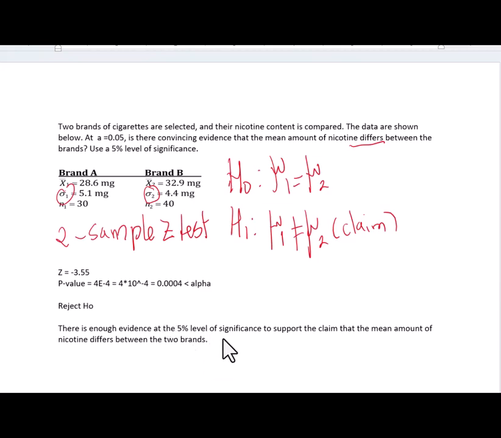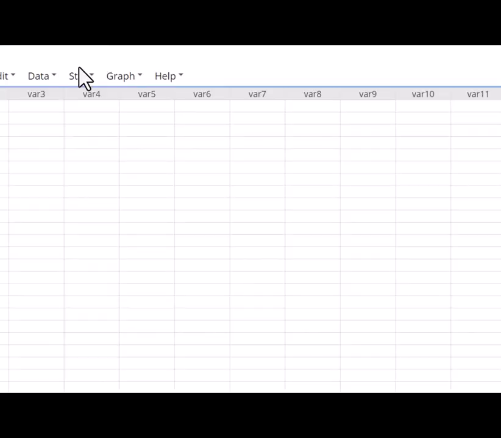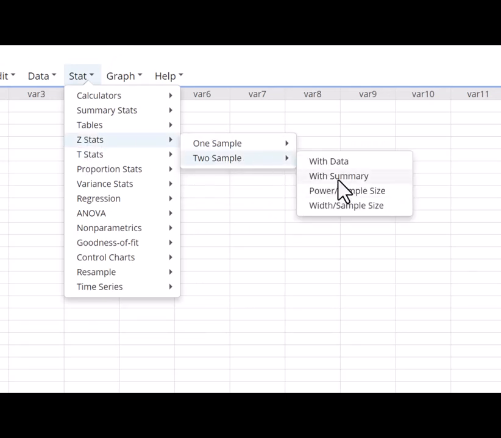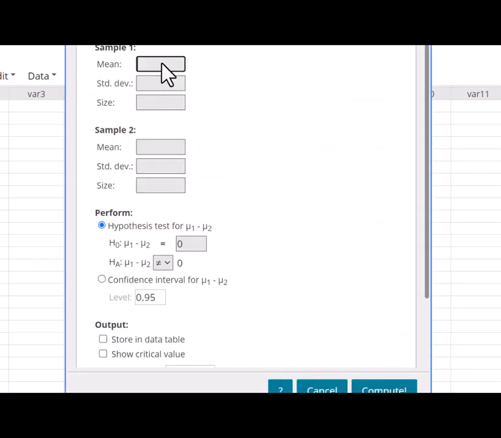Let me show you now how to use StatCrunch for this one. So you go to stat, not T stats, it's Z stats, two sample with summary. Mean from the first sample is 28.6. Standard deviation is 5.1.